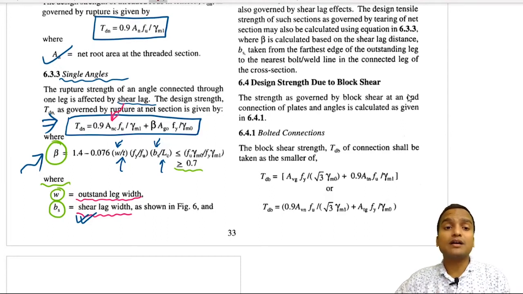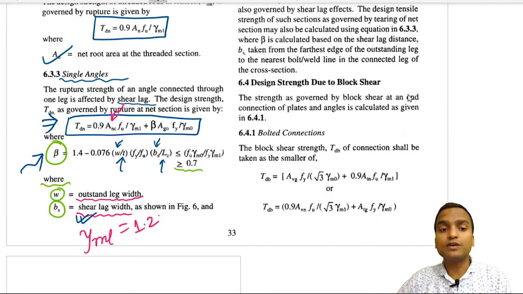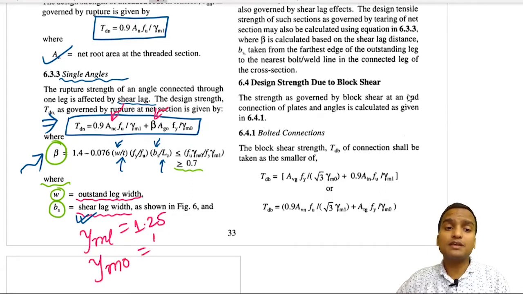Gamma m1 here is equal to 1.25 as usual, and beta we have just now calculated. AGO is the gross area of the outstanding leg, and Fy is the yield stress, and gamma m0 is equal to 1.1 as usual. So this is very easy to understand.